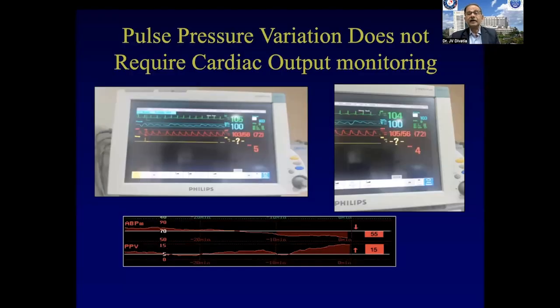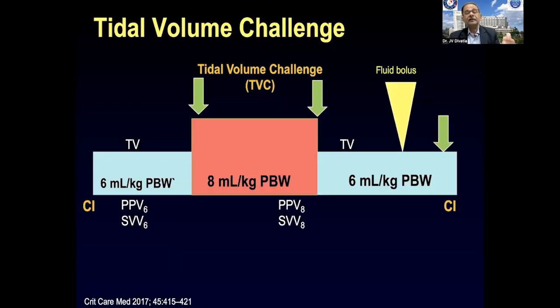So the pulse pressure variation again requires invasive arterial pressure monitoring and a multi-para monitor. And if you have it, then you can use it to monitor fluid responsiveness without the need for cardiac output monitoring. If you have an arterial line and you're measuring pulse pressure variation and the patient is mechanically ventilated with a tidal volume less than 6 mils per kilo, you could use a tidal volume challenge, which consists of increasing the tidal volume for 1 minute to 8 mils per kilo and noting the change in the pulse pressure variation.